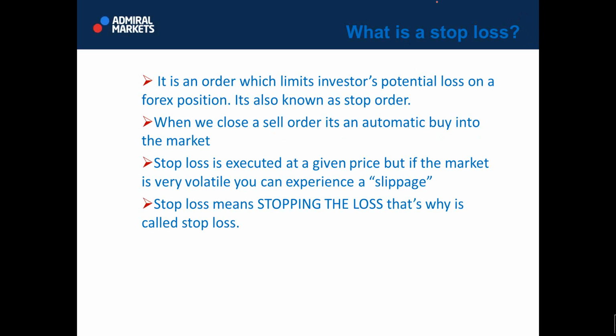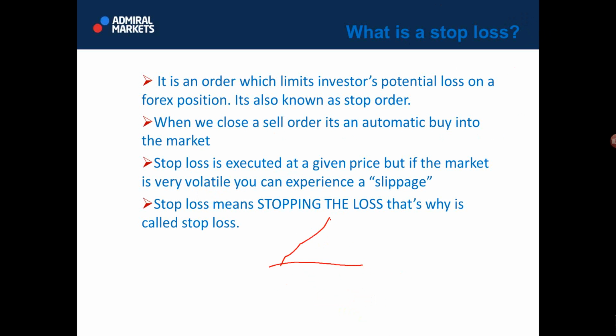Now, when you have a stop loss, it protects you from further losses. A stop loss is executed at a given price, but if the market is very volatile, you can experience slippage. Let's say you have a long order and your stop loss is here, and there is a sudden spike after the news, let's say for cable.